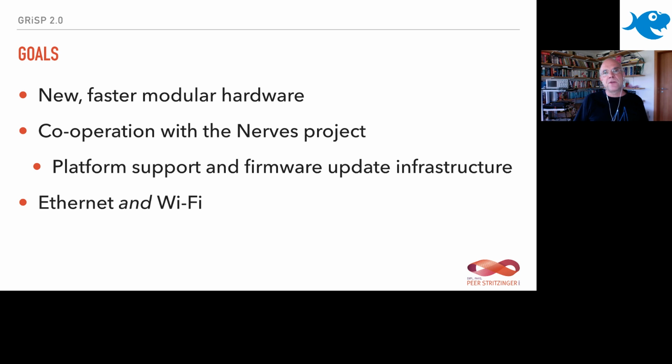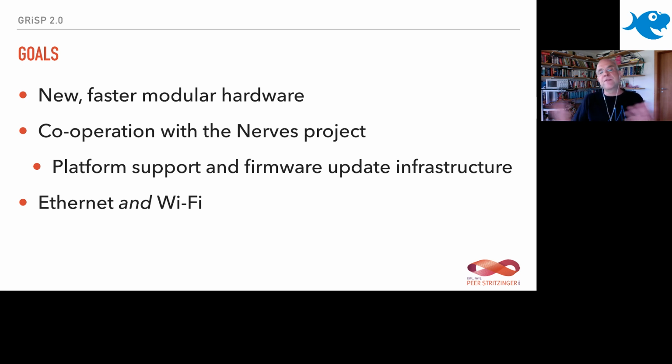The difference between NERVS and GRiSP is that we boot the Erlang VM directly on the hardware, and we have hard real-time. And the NERVS project uses an embedded Linux operating system and boots the Erlang VM as process 1, which gives you full control over what runs on your hardware and gives you much better real-timeness than a normal Linux system.